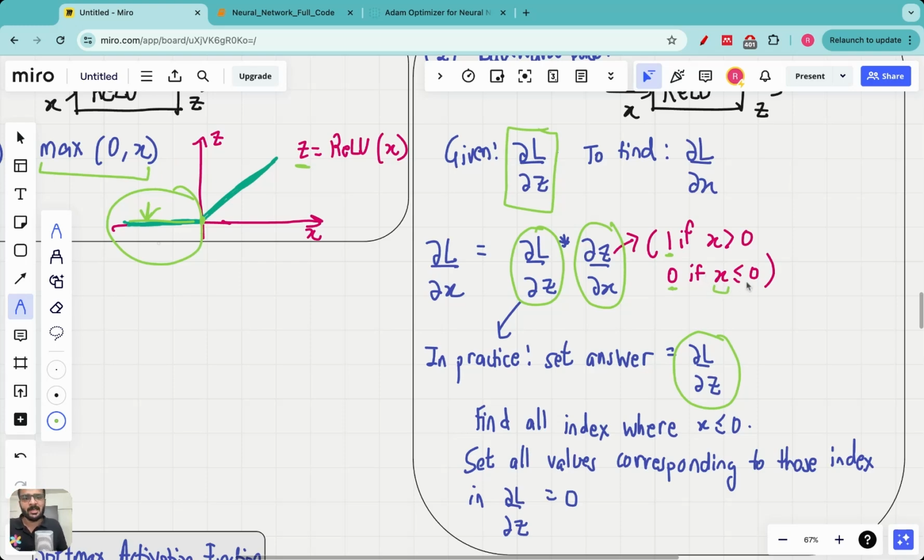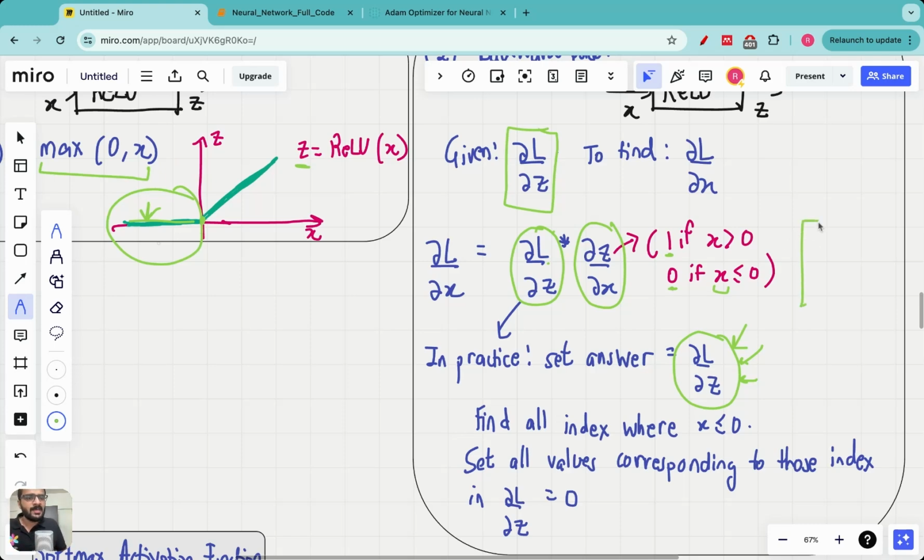Then for those indexes, we will set the corresponding entries in this matrix to be equal to 0, because remember that only for those indexes we will multiply this matrix with 0. For all other indexes we will multiply this matrix by 1, so it can stay as it is. Only for those indexes where the input is less than or equal to 0, we'll set the matrix to 0.